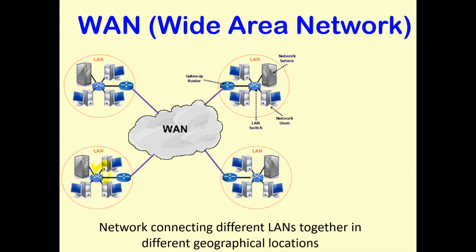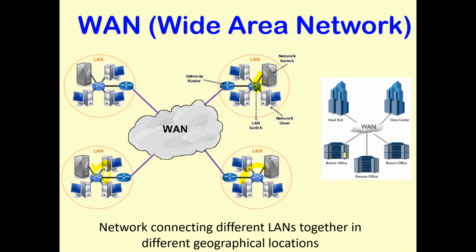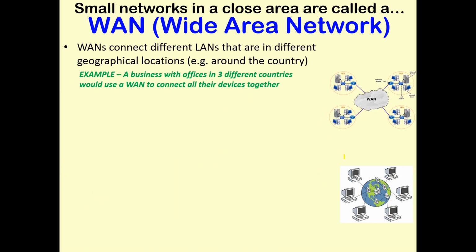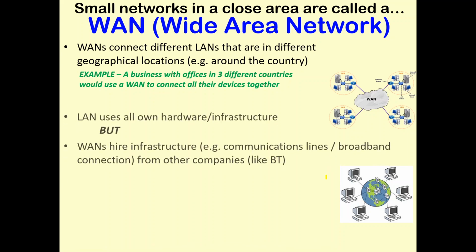There's one, there's one, there's one, and they're all connected together through a shared network. Okay, multiple LANs connected in different geographical locations. It could be, for example, a business with different offices in 3 different cities or even different countries, and WAN would connect these all together.